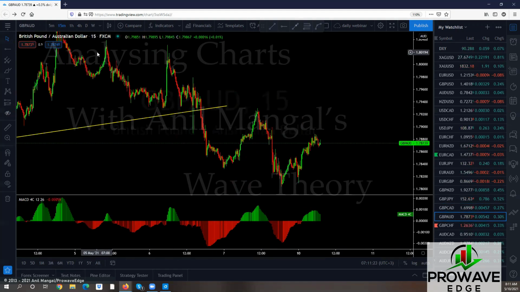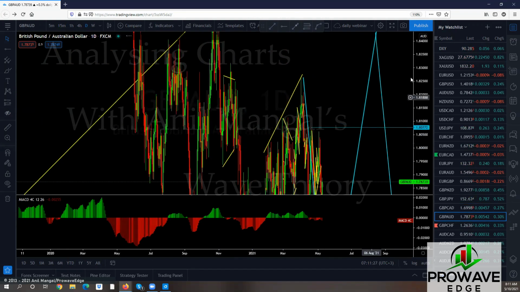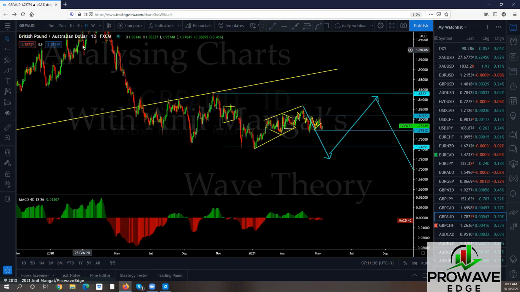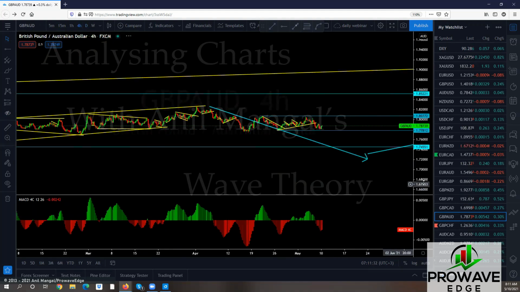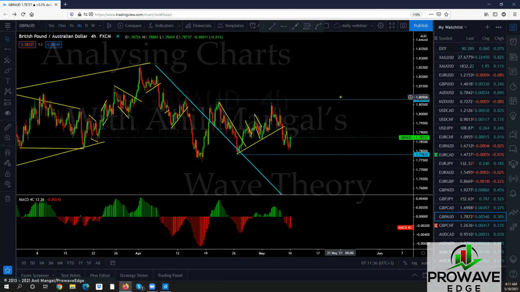Pound Oz. Big picture downside. Let's see what happens there. This one, just like the pound New Zealand, has this 1, 2, 3, except this is different. These two are sharp, and this one is very much the consolidation. So this would definitely go back up, right?